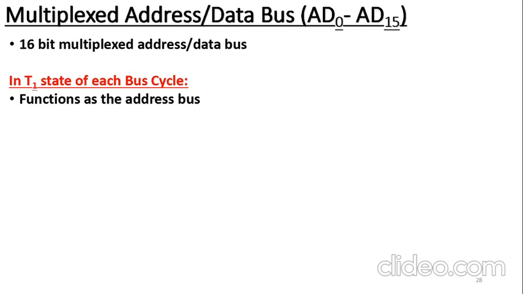Out of those 4 T states in a bus cycle, during the T1 state this multiplexed address data bus functions as an address bus. During the T1 state itself, it outputs the lower 16 bits of address, A0 to A15.